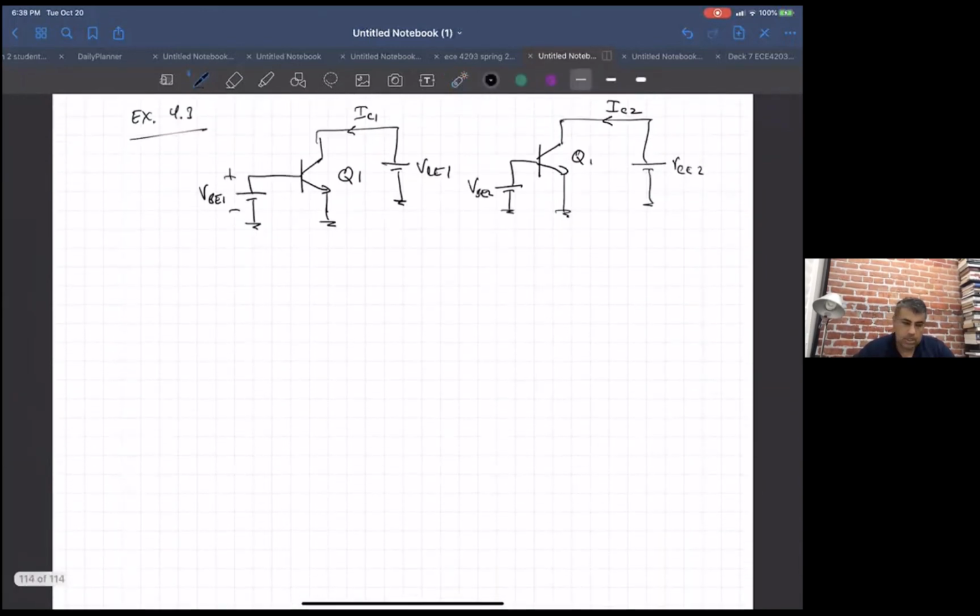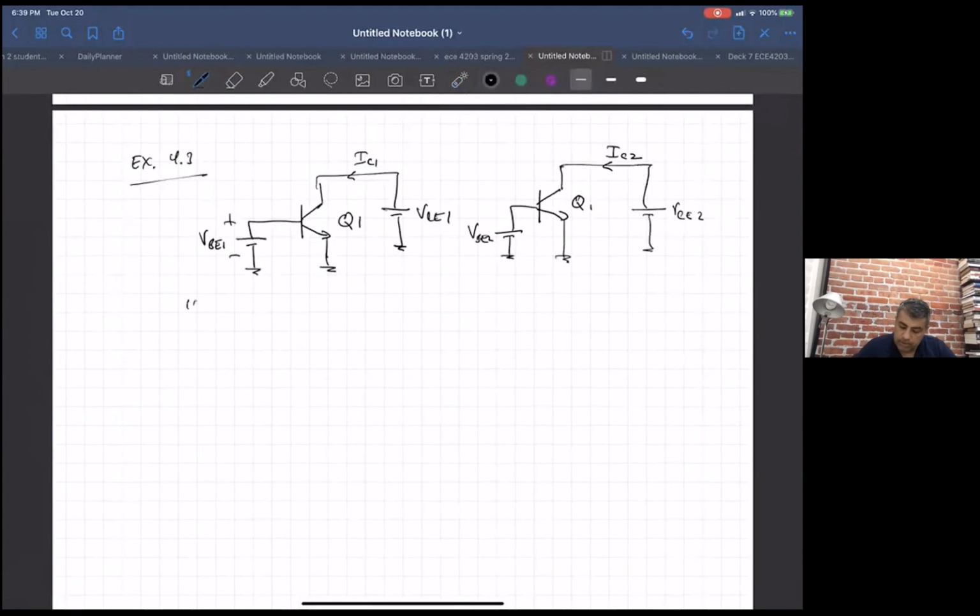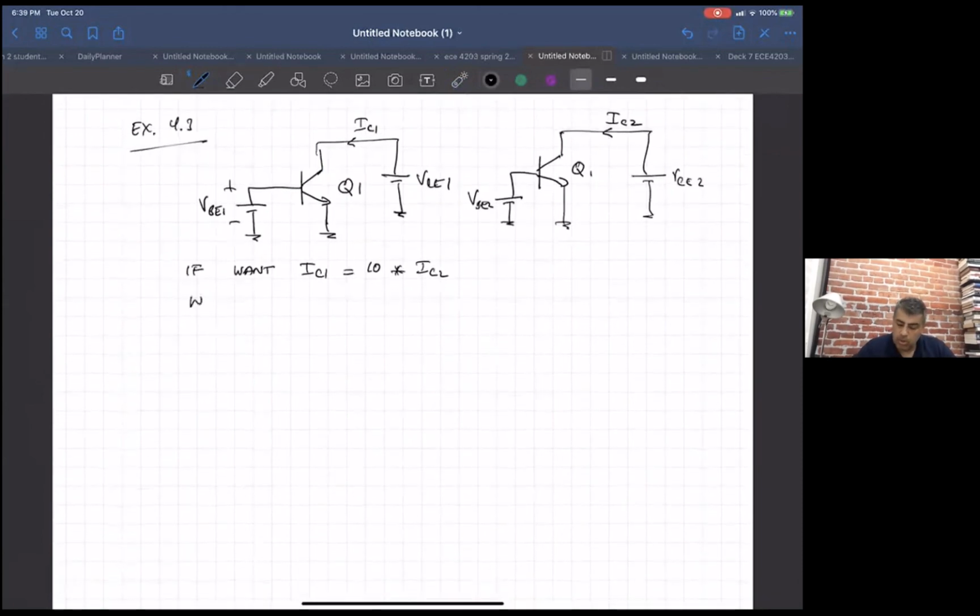So the question is, if we want IC1 to be 10 times IC2, what should the difference be between VBE1 and VBE2?